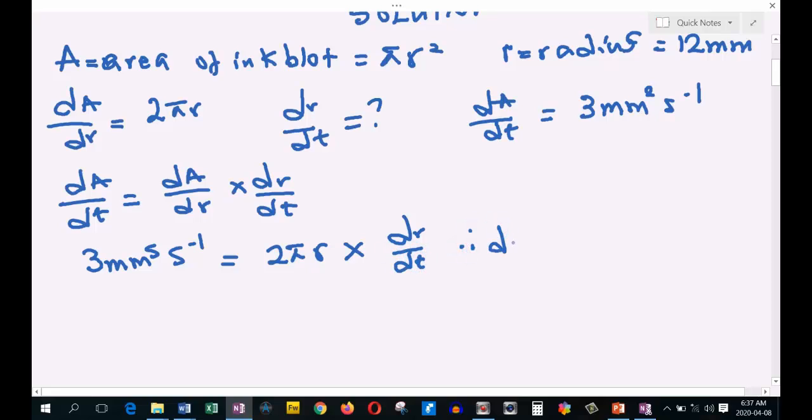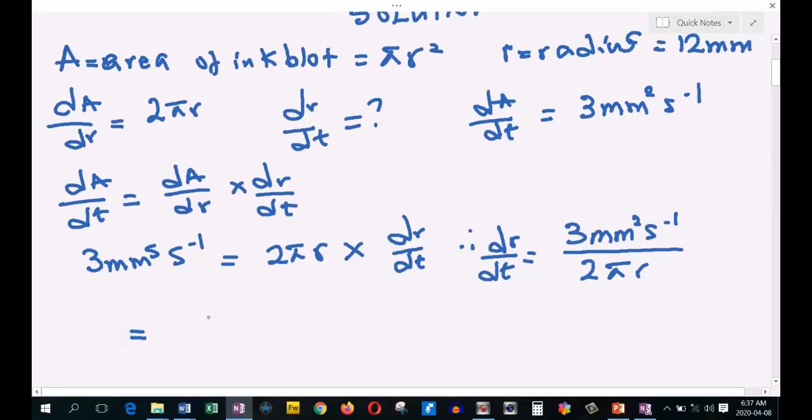Therefore, dr/dt will give us 3 millimeter squared per second over 2 pi r.